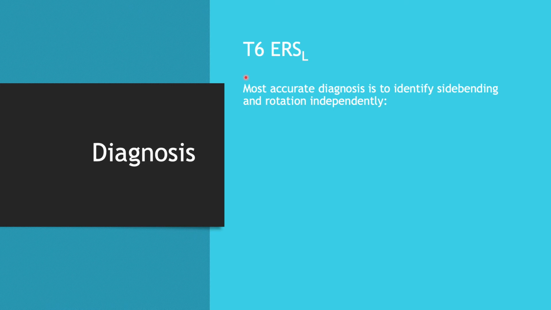And so here's a list of steps that will correctly allow you to evaluate the cervical, thoracic, and lumbar spine, and independently identify flexion, side bending, and rotation.